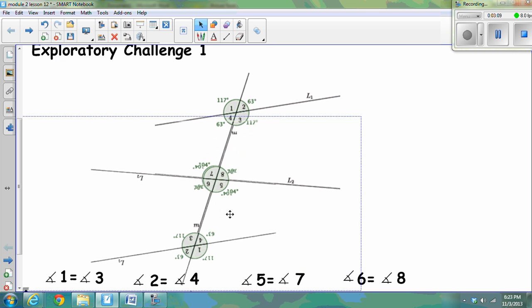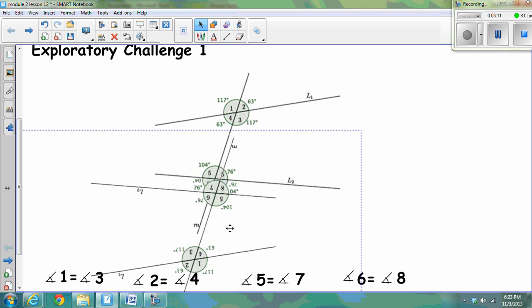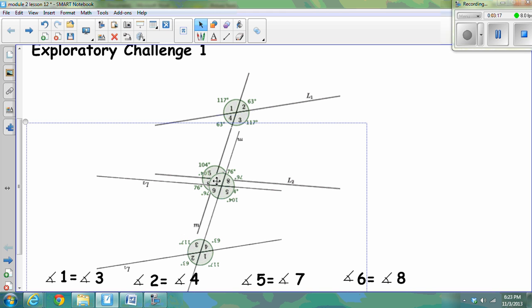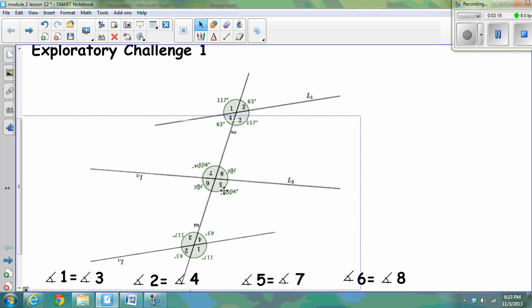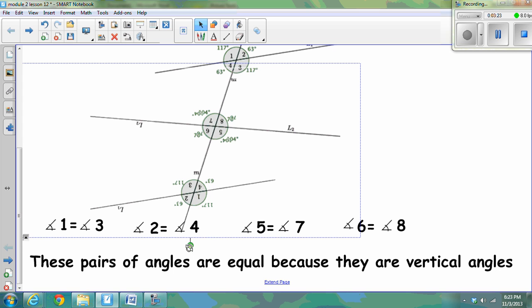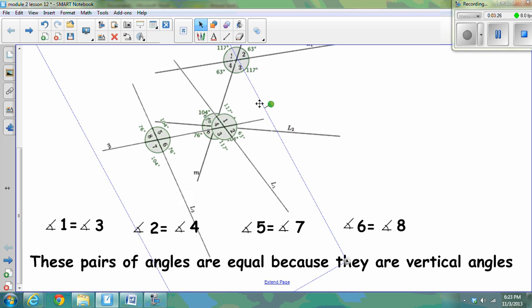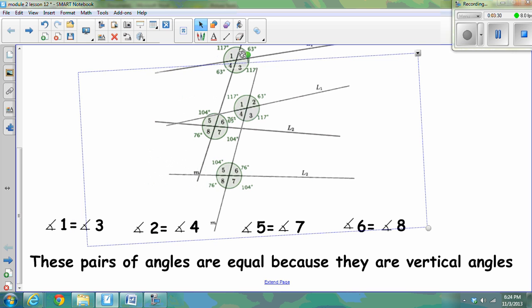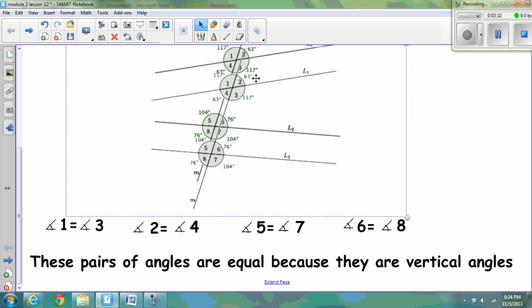And then if we go to the bottom circle, look how nicely 5 and 7 lay on top of each other, and 6 and 8 lay on top of each other. So if you rotate them 180 degrees, they'll map right on top of each other. Hopefully you discovered that when you rotated your transparency.